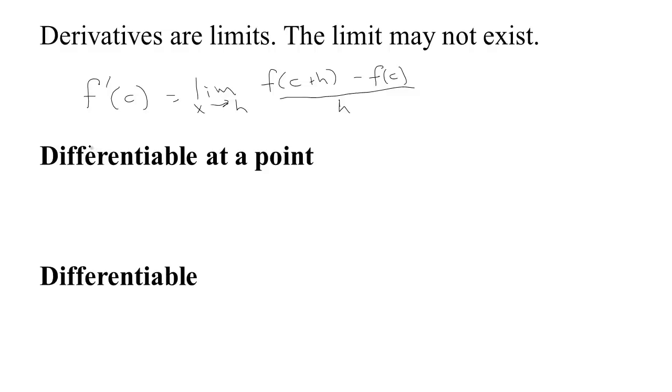So when a derivative does exist, we say the function is differentiable. First, we talk about differentiability at a point. So if f prime of c exists, since the derivative is a limit, the limit of the slopes of the secants that gives us the instantaneous slope of the tangent, or the instantaneous rate of change, if that limit exists, so if you can find a number for the tangent, then we say that f is differentiable at c.